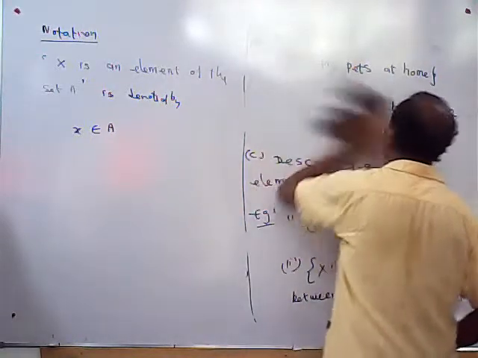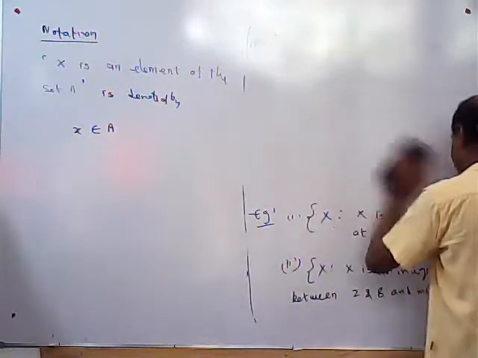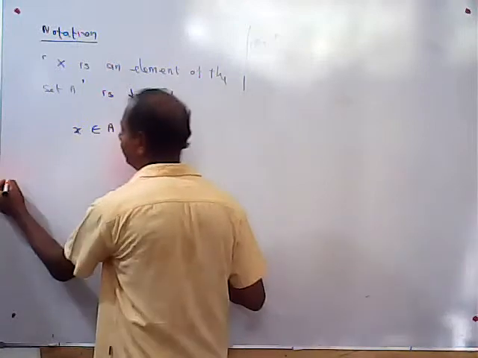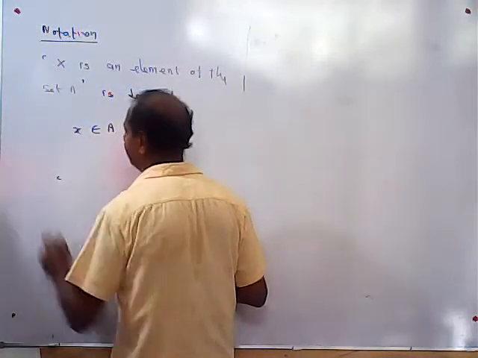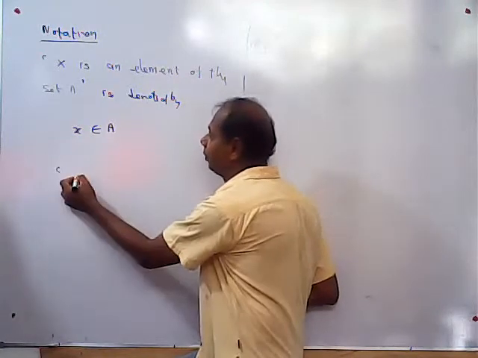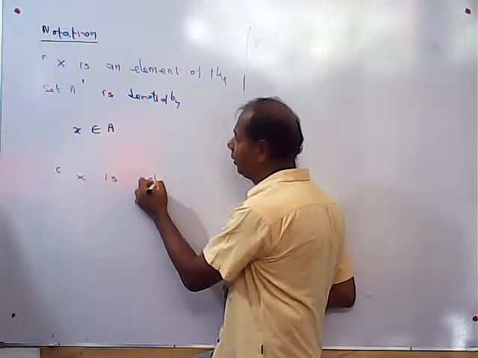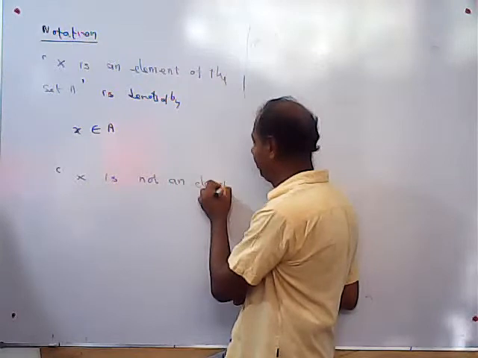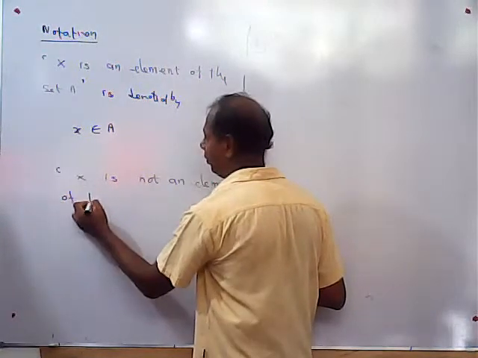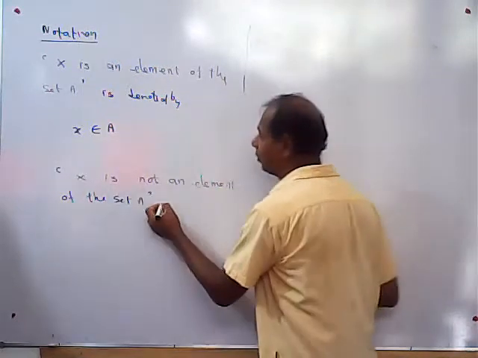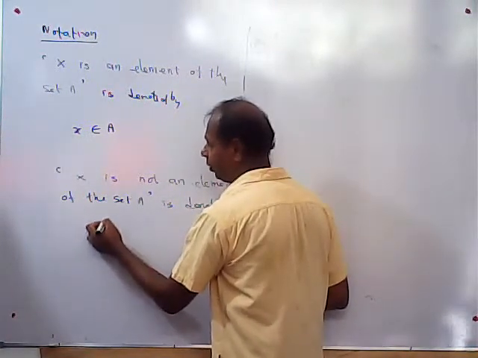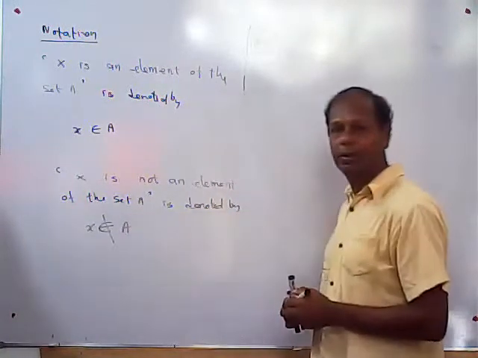If x is not an element, something outside A, x is not an element of the set A. This thing is denoted by a different notation. X is not an element of A, right? So that's the notation.